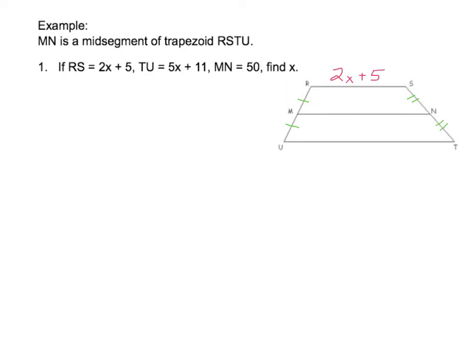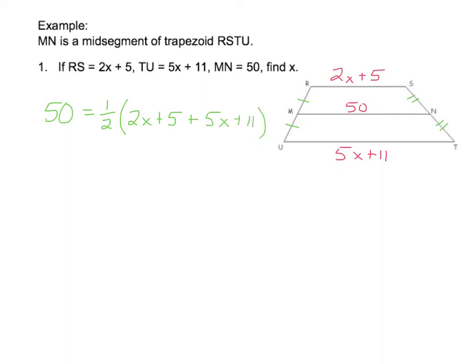They tell me that TU is 5x plus 11, and they tell me that MN is 50. So setting it up, you're going to start off with your midsegment. So my midsegment in this case is 50. It is going to be equal to 1/2 the sum of my two bases. So I'm going to take my two bases and we're going to add them together.